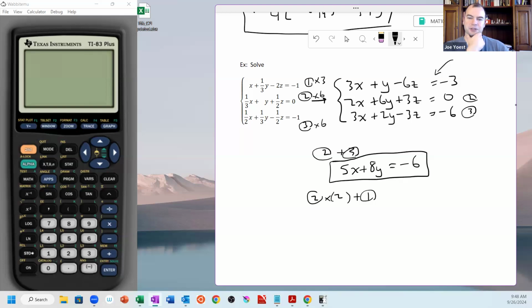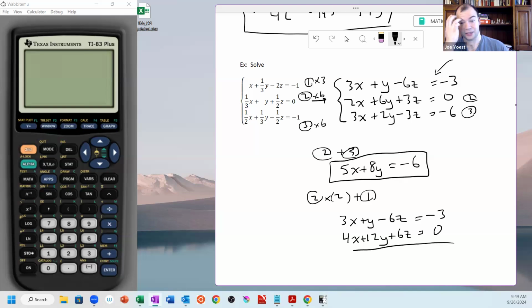Okay, since I have an extra step here, I'm going to write out an intermediate step. So I have equation 1, 3x plus y minus 6z equals -3. And I'm going to write out twice equation 2. So I have 4x plus 12y plus 6z equals 2 times 0, which is 0.